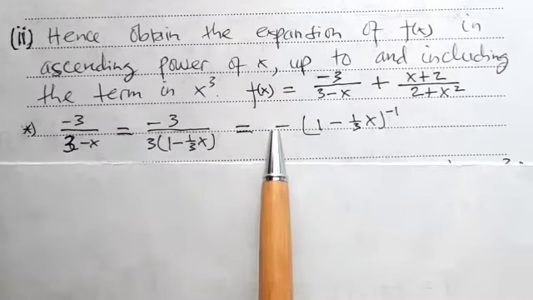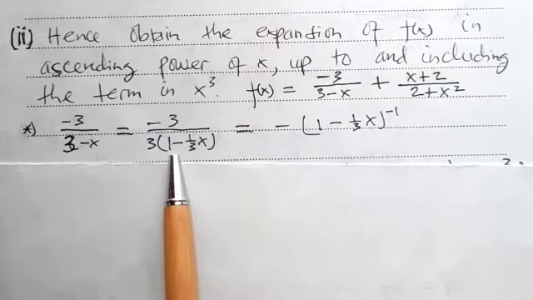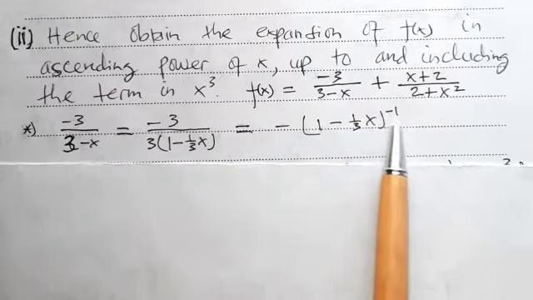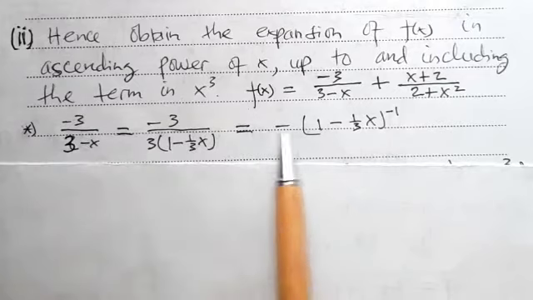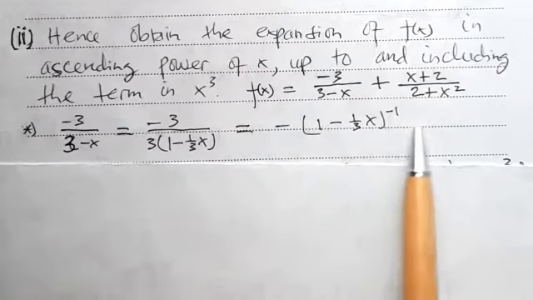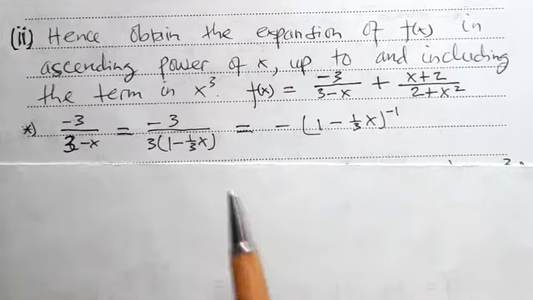Minus 3 per 3 is minus 1, and then this becomes 1 minus 1 over 3 x, power minus 1. We change this fraction into this form so that we can use the binomial expansion.